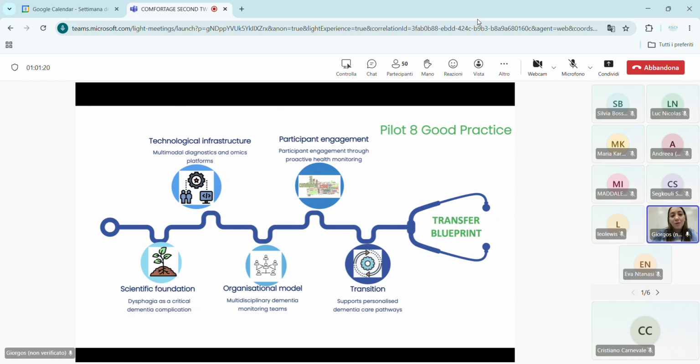Also, it's the technological infrastructure to allow the multimodal diagnostics and the analysis of omics, proteomics, metabolomics, the organizational model, these multidisciplinary dementia monitoring teams that we've mentioned, the participant engagement, we are doing this for the people. This is our center, this is our approach, so it's all for them.